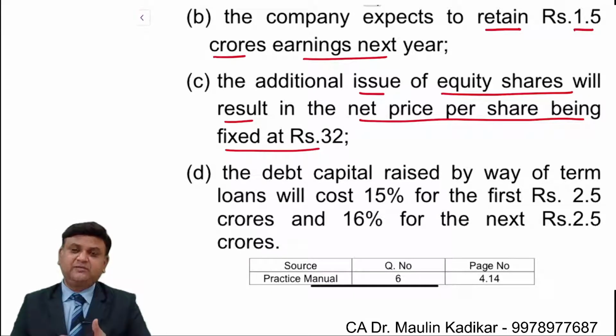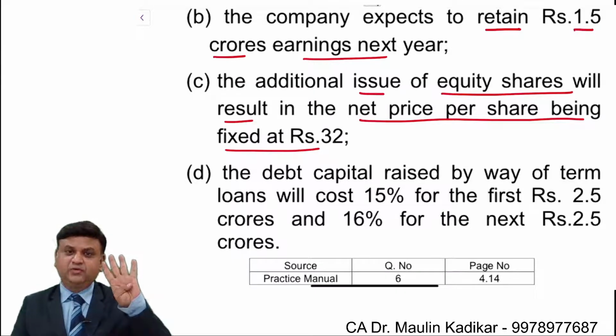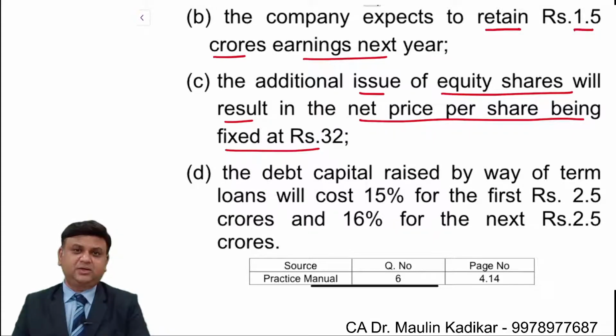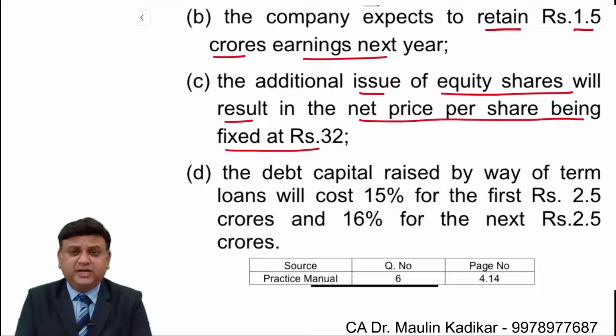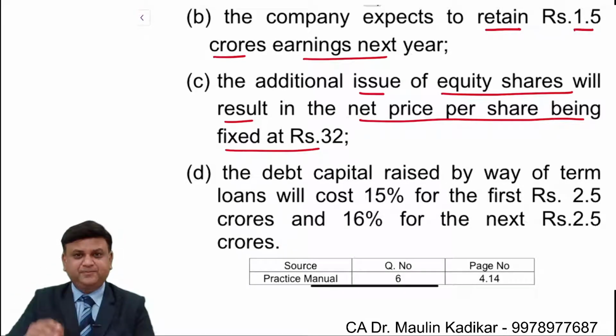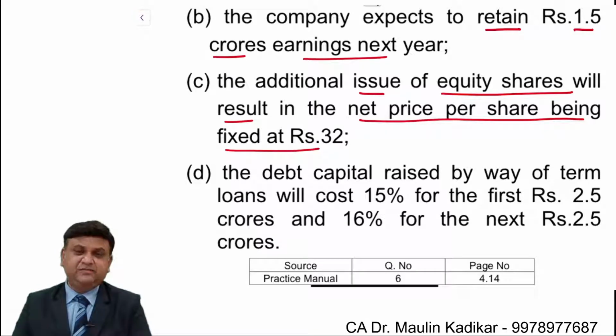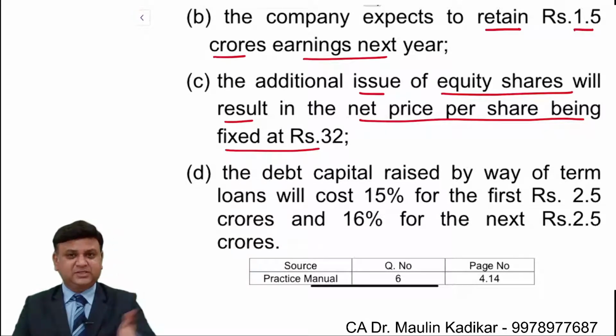So if we come with the new issue of the equity share, we will not be able to fetch 40 rupees per share. In order to make sure that the issue is attractive, we are required to issue the security at a comparatively lower price. So it has been given that we are going to issue it at the rate of rupees 32.